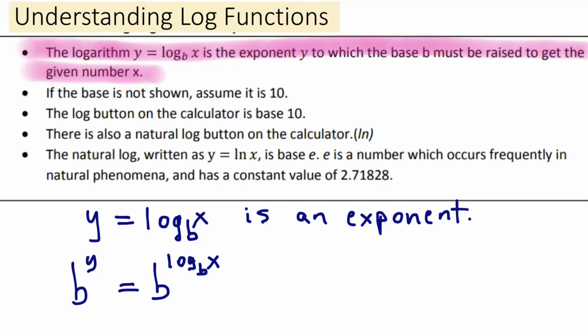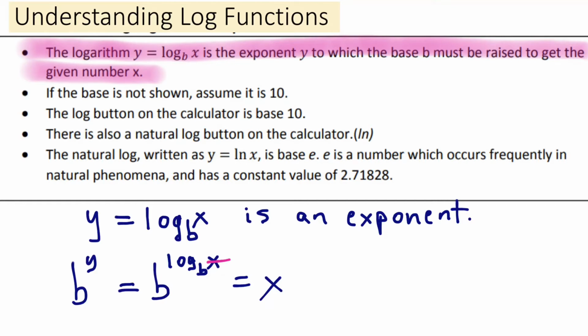All right. Then it says the exponent y to which the base b must be raised to get the given number x. So we're supposed to get the given number x when we do that. So x is right here.